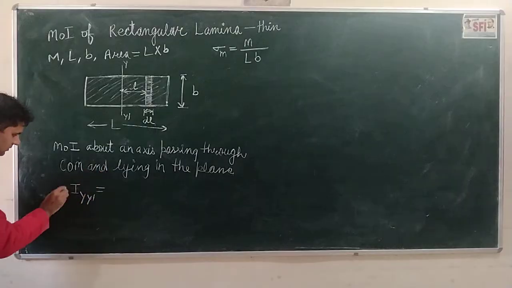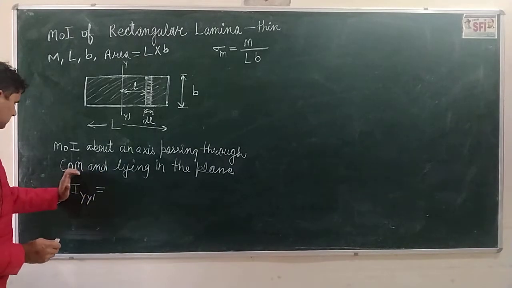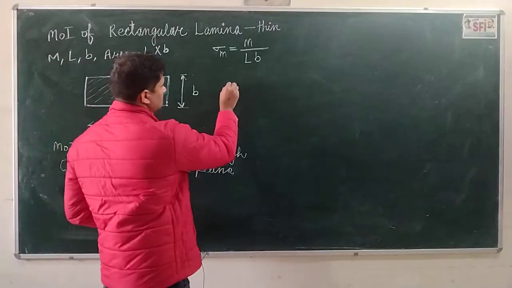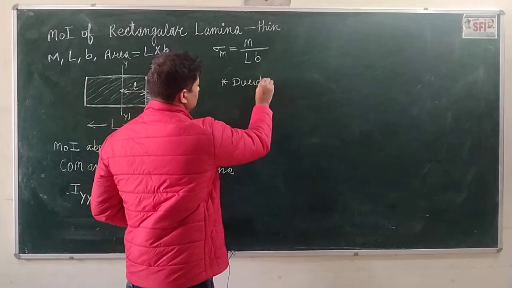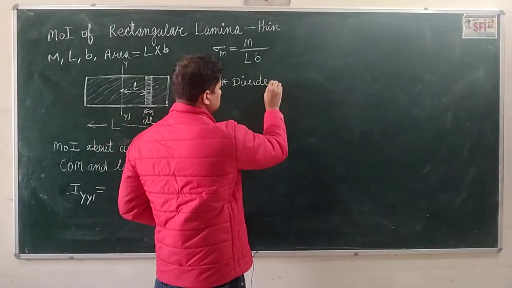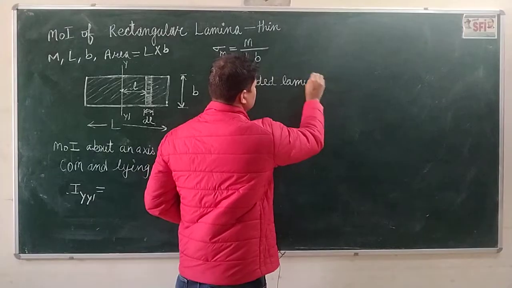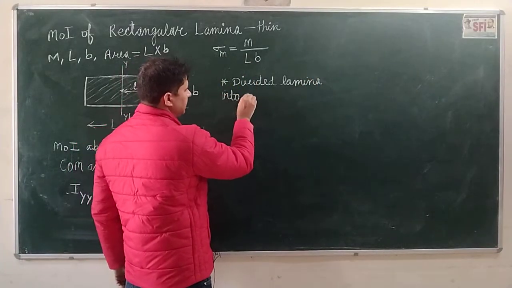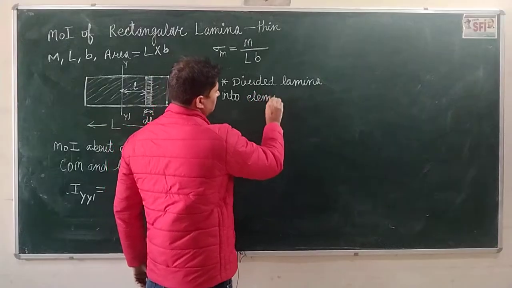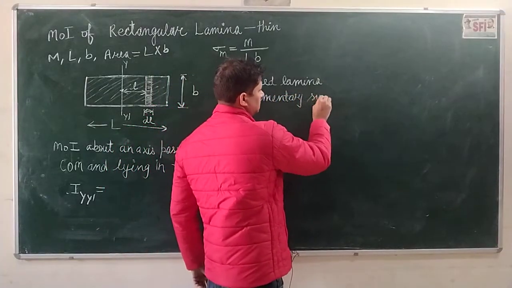We find the moment of inertia of this elementary surface. What we have done here is divided the lamina into elementary surfaces.